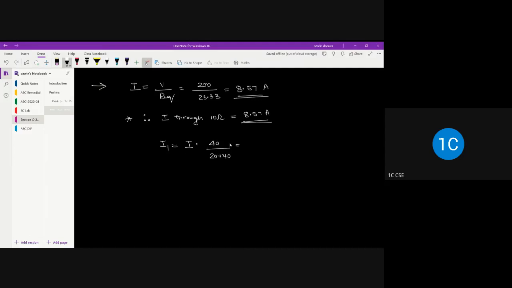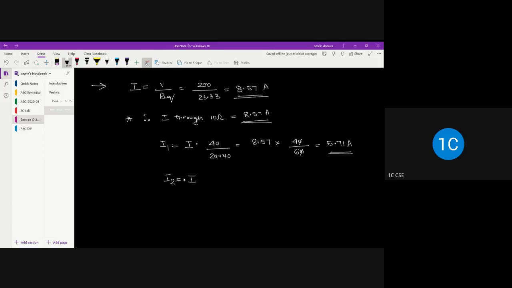And I is 8.57, into 40 divided by 60. That's about 5.71. So I1 is 5.71 amperes.